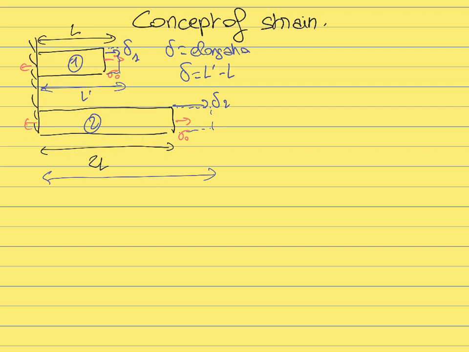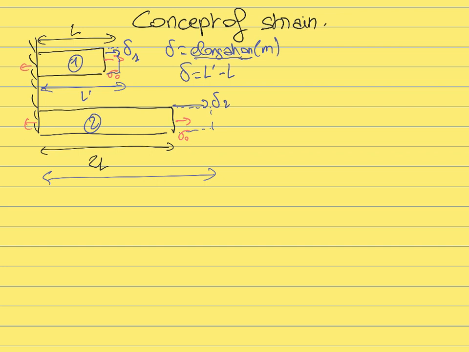Because if those two beams are made of the same material, characterizing the deformation based on the elongation in meters or centimeters or inches is not a meaningful way of characterizing the deformation. Because in this case it depends on the geometry of the beam. If the beam is longer, its elongation will also be larger just because this beam is longer.